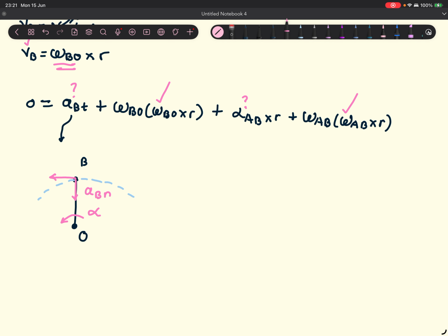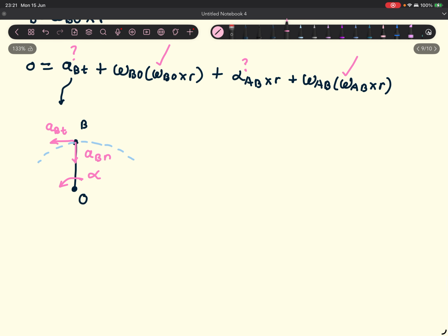So it's either going to be in this direction or in that direction, but we've established that this thing is moving this way, right? So your thing is going to be in that direction.